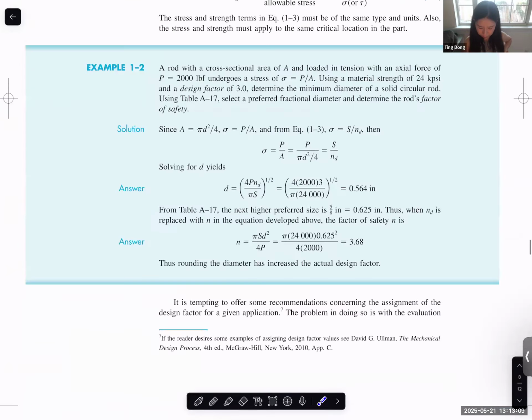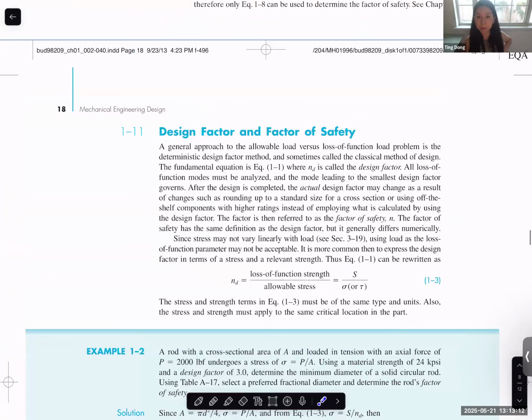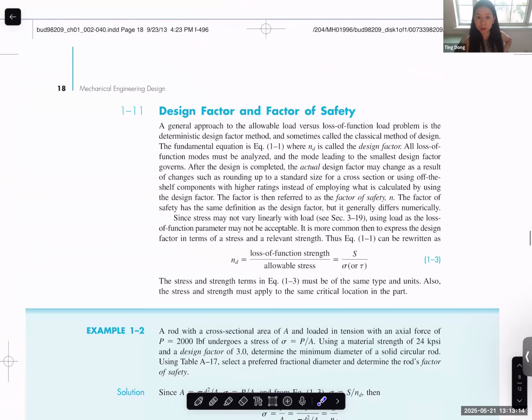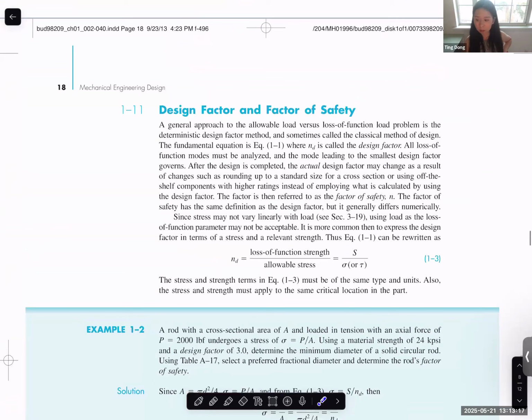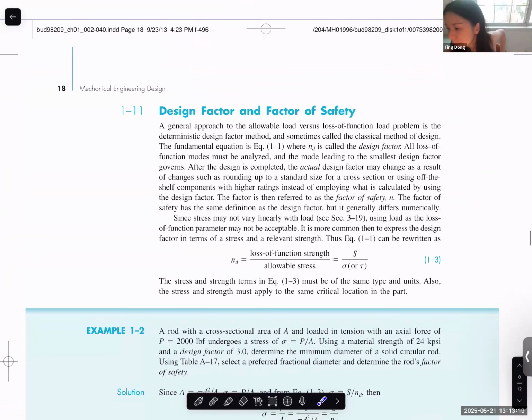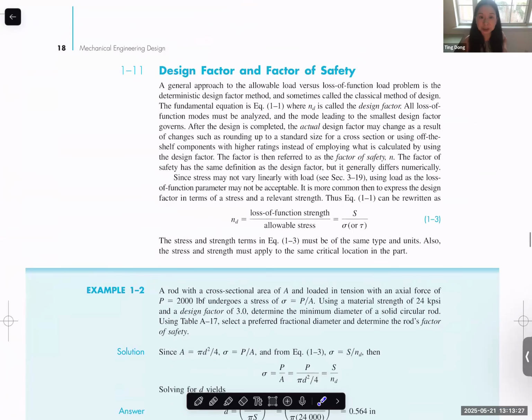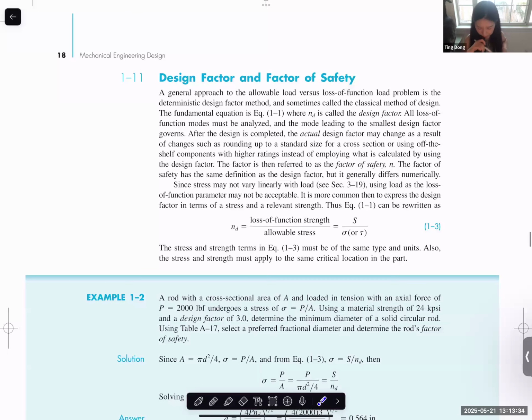So this is the second version of Mechanics of Materials. And some of you may have taken Mech 1. This is Shigley's textbook, Mechanical Engineering Design. It's a very popular textbook. And I think the definition here is much more reasonable. It's a loss of function strength, based on your own application.